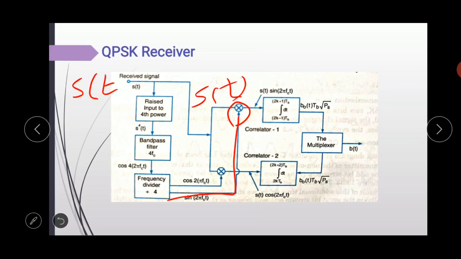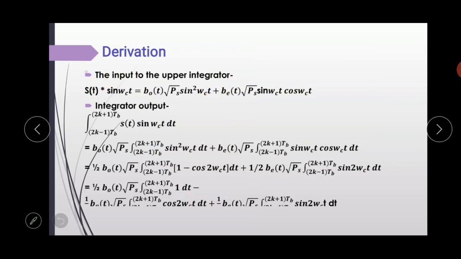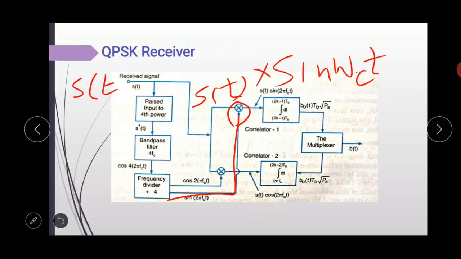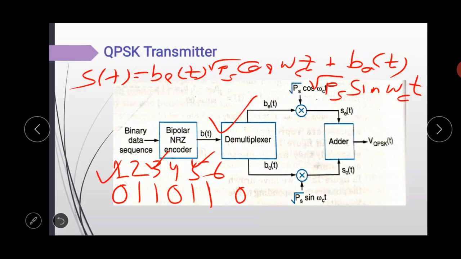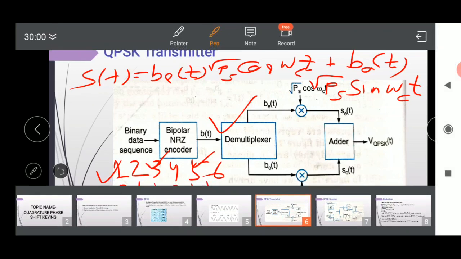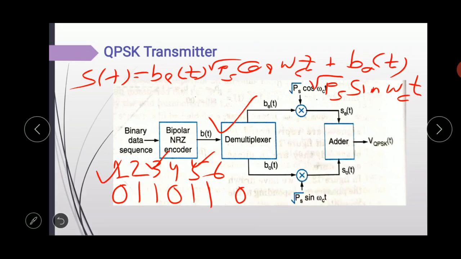So at the output of the multiplier we get S of t into sin omega ct. The equation of S of t we already discussed, that is b e of t root ps cos omega ct plus b0 of t root ps sin omega ct. With this, sin omega ct is multiplied.